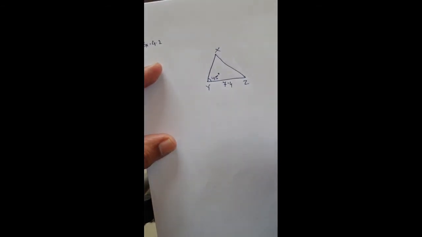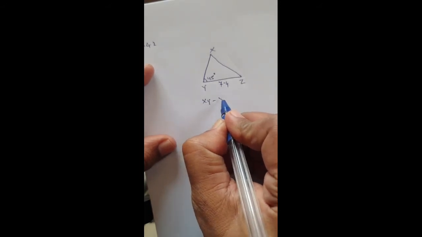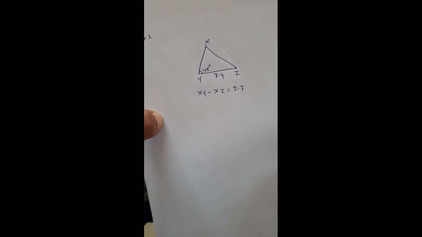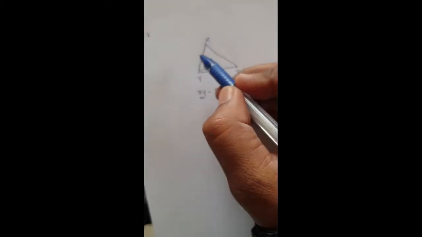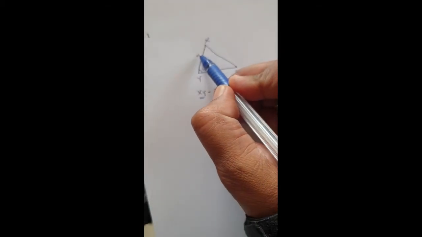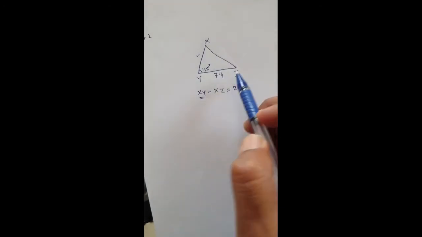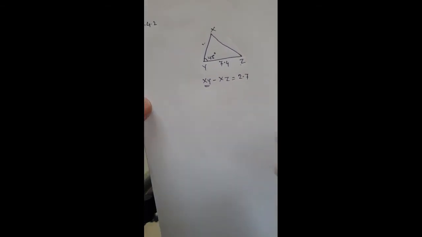Then angle XYZ is 45, and you are given XY minus XZ is 2.7. So XY is the side which is greater. If this side is greater, then there is one procedure. If XZ is greater, then there is another method that we'll see in the next problem.